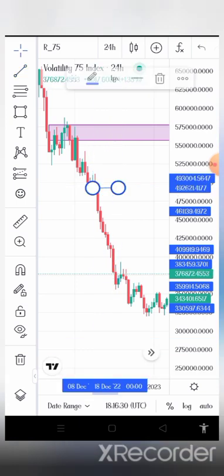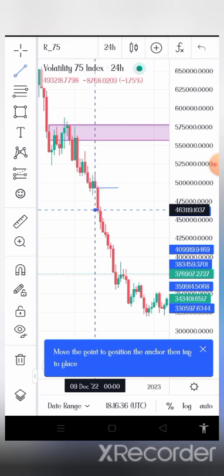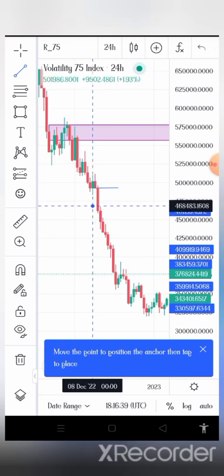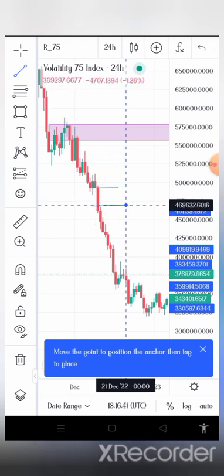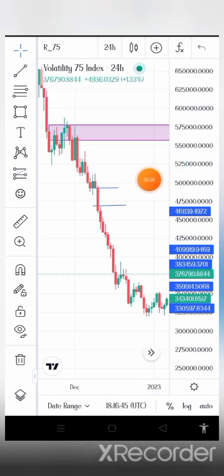And the third bearish candle began here. So the gap between this first bearish candle and the third bearish candle is imbalance. This is the sell side imbalance and buy side inefficiency.